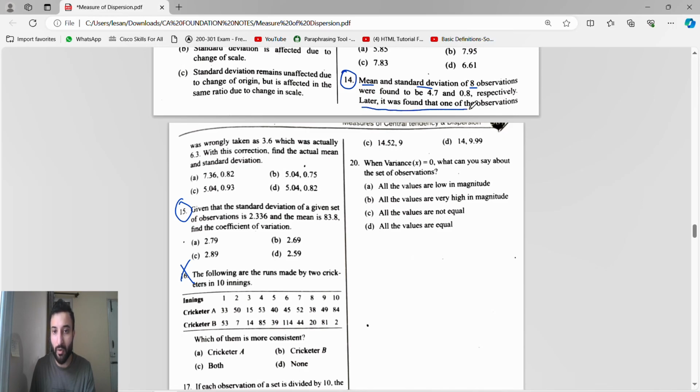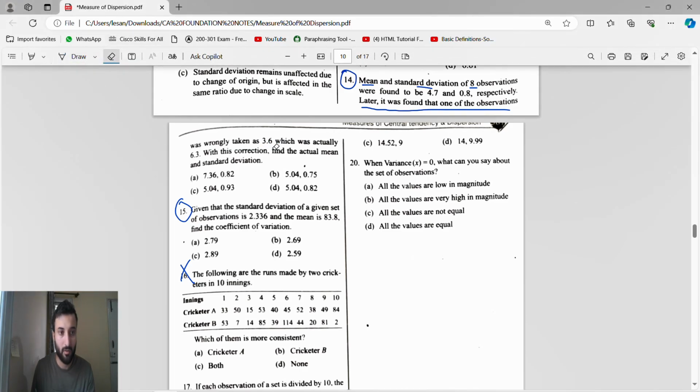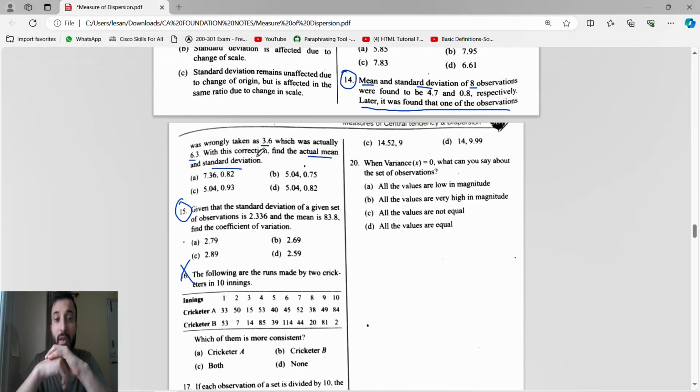Later it was found that one of the observations was wrongly taken as 3.6, which was actually 6.3. With this correction, find the actual mean and standard deviation. Guys, this type of question is very important, in which they already give the number of observations, and already give the mean and standard deviation.